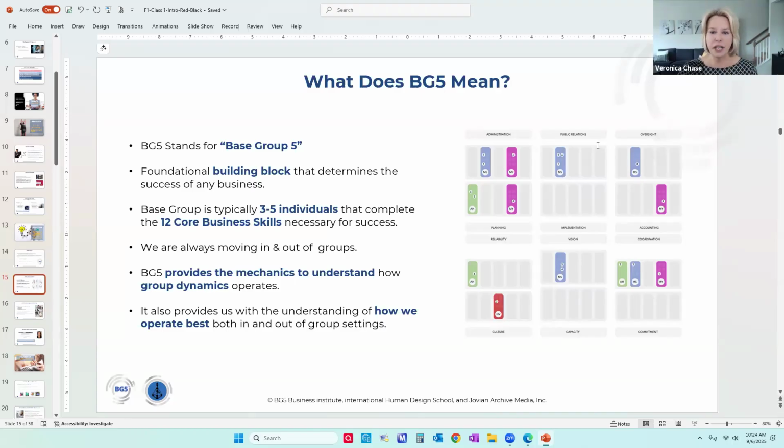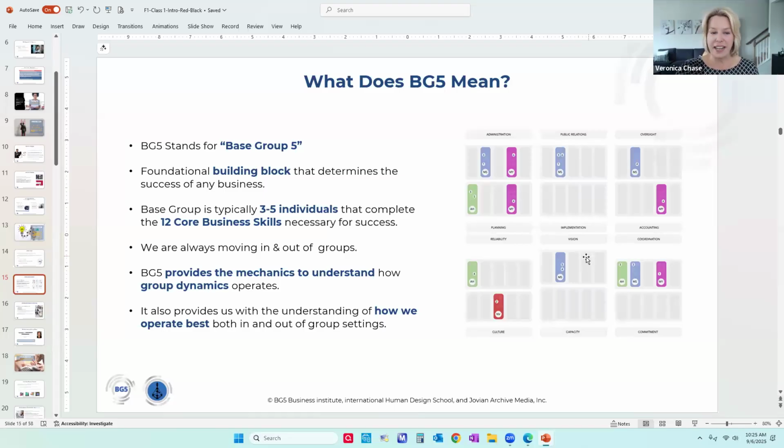So BG5 stands for Base Group 5. These are the foundational building blocks that determine the success within any business. The base group refers to the 3 to 5 individuals that come together to create these 12 core business skills that are necessary for success.